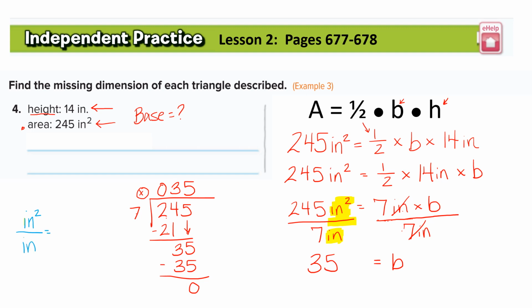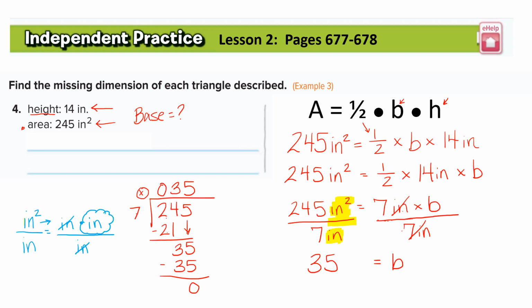Well, we know that when we square something, it means that that item or number is multiplied by itself. So inches squared really is inches times inches divided by inches. Well, the top inch and the bottom inch cancel each other out, which leaves me with just 1 inch.